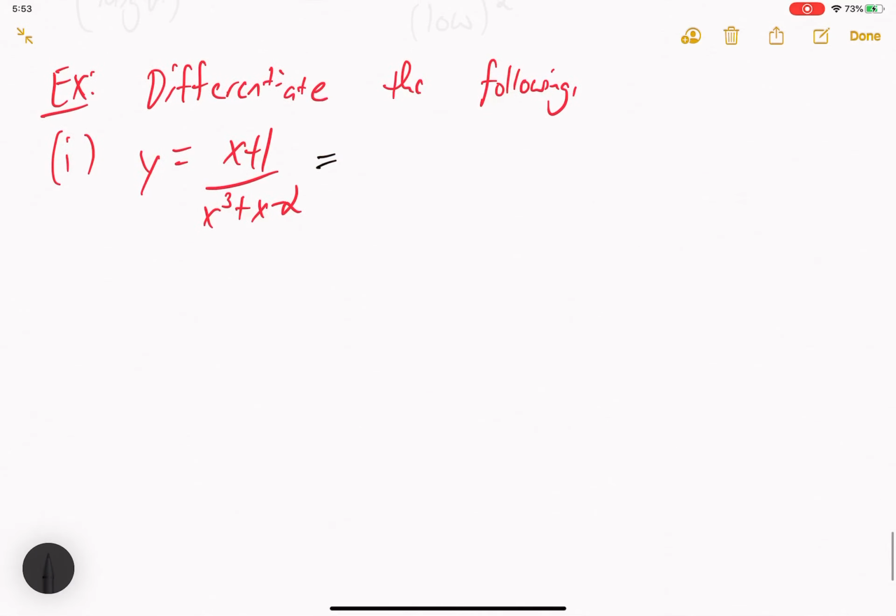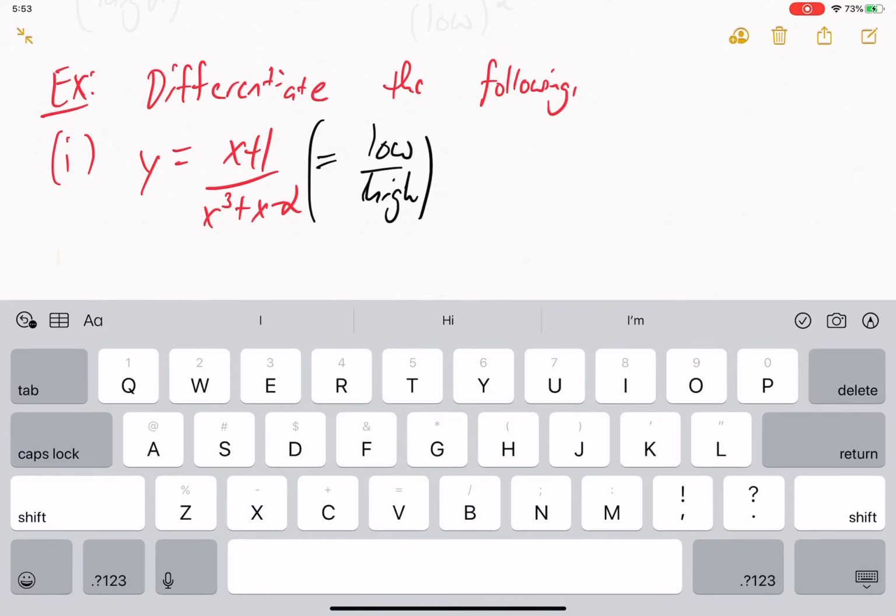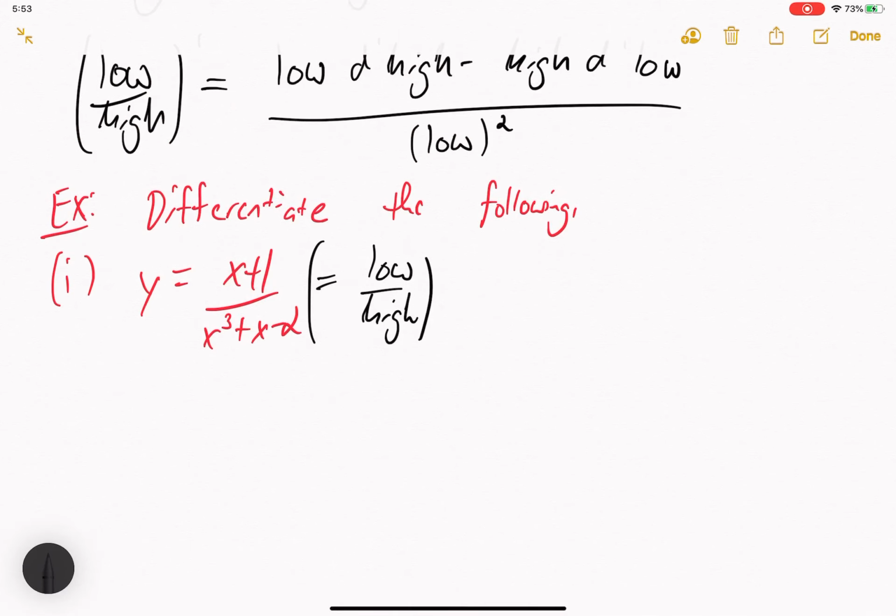Remember that this will be equal to our, like, parentheses low divided by high. Or if you want to stick with the other rules, f of x divided by g of x.